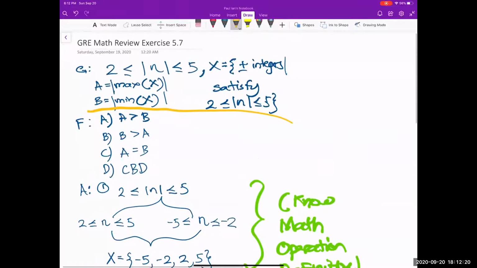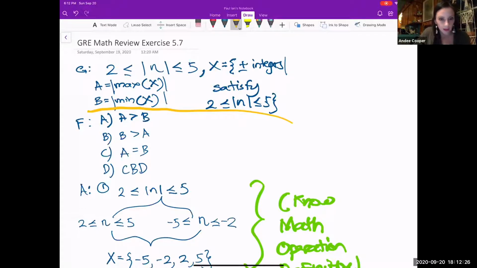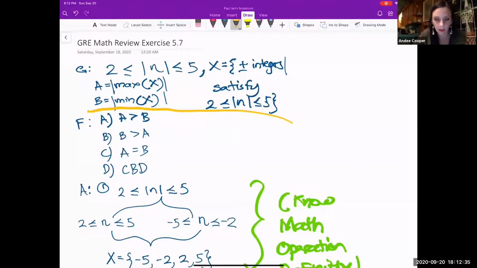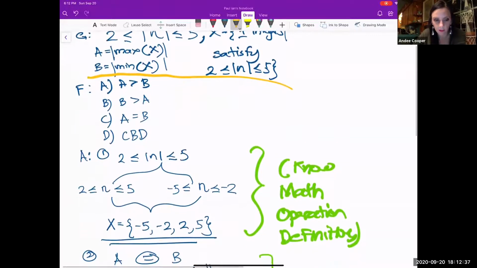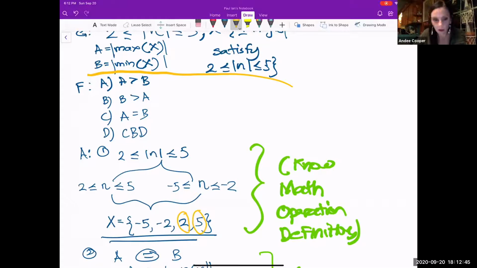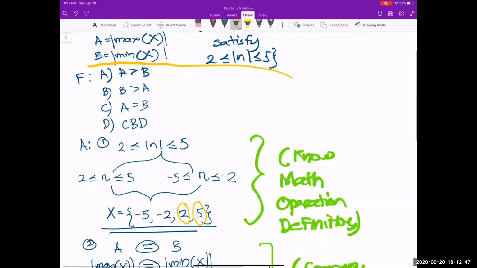Here, let's step back. So A was 5, right? Now B is the harder part. B is the least integer, or minimum integer. Looking at the set, we know from the equation there's going to be 2 and 5 in the set, but what about the negative numbers?